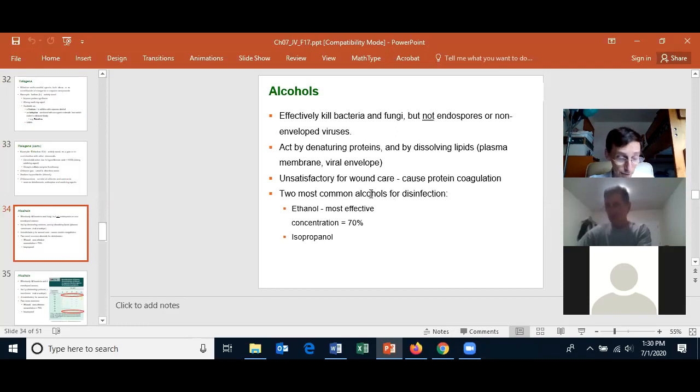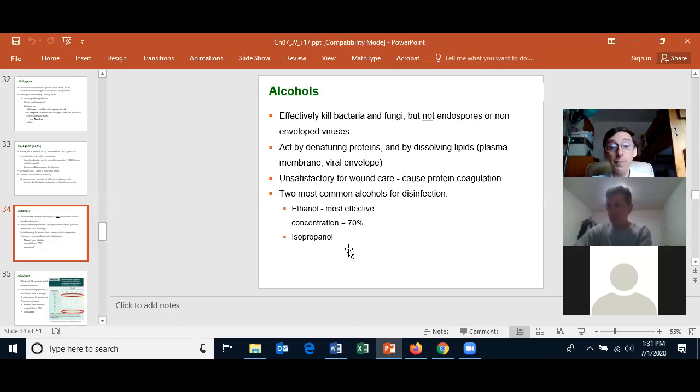So it's not usually suggested that you dump alcohol in an open wound; it's better to use a modern chemical disinfectant or antiseptic for wound care. It would kill the bacteria causing an infection, but it'll also cause damage to the wound. Any question about that?